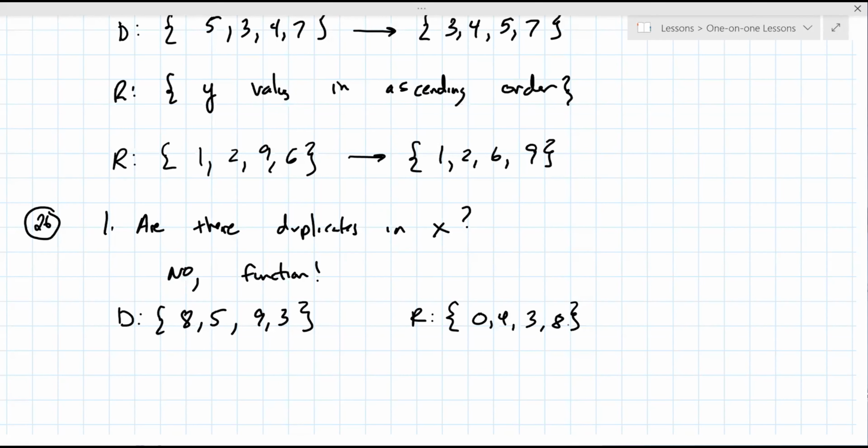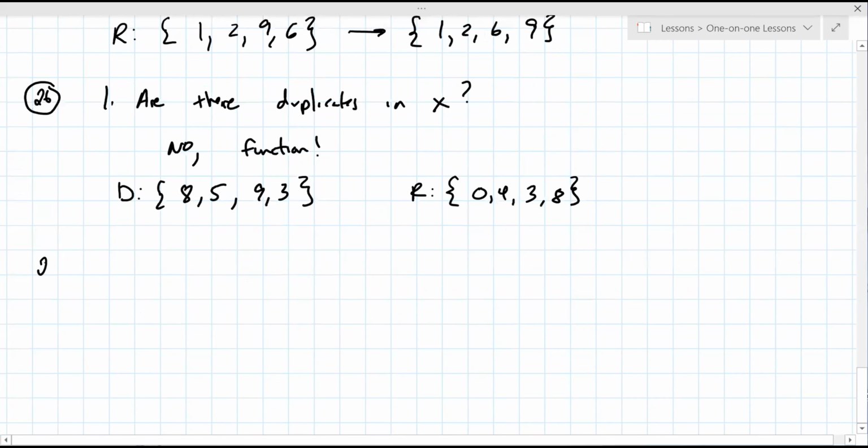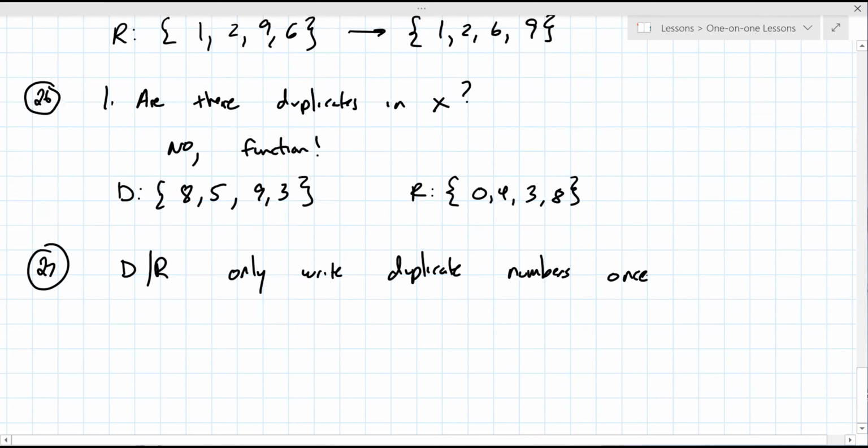For 27, there's a small wrinkle to this problem. When you write the domain or range, you only write duplicate numbers once. For example, the range in 27, do you see how it's 6, 6?